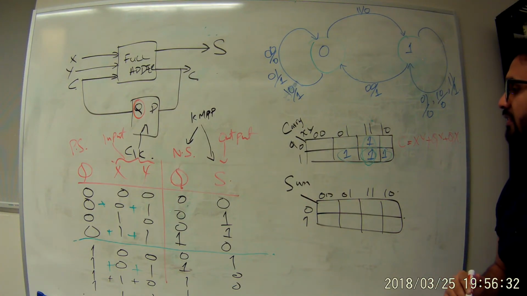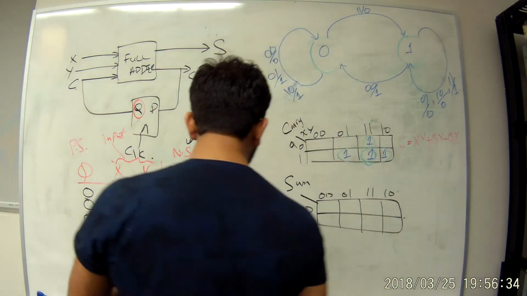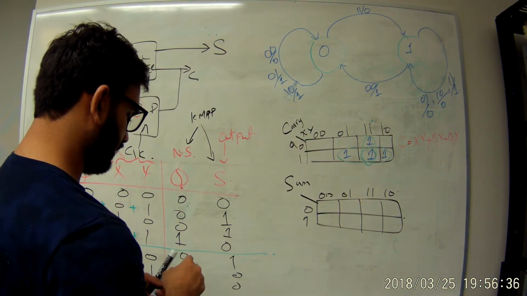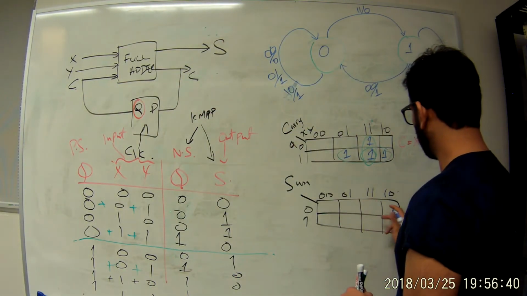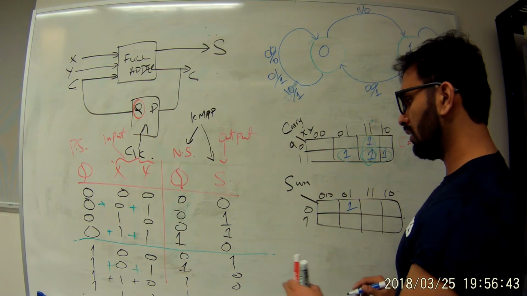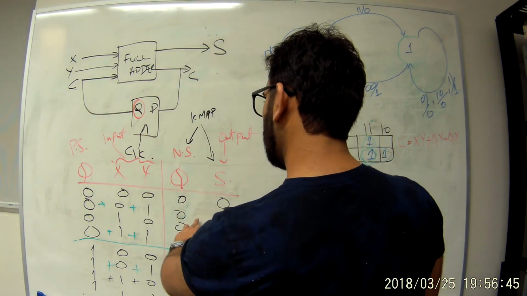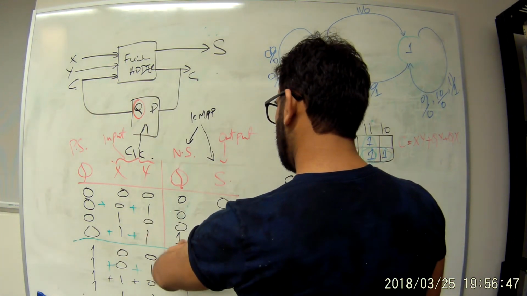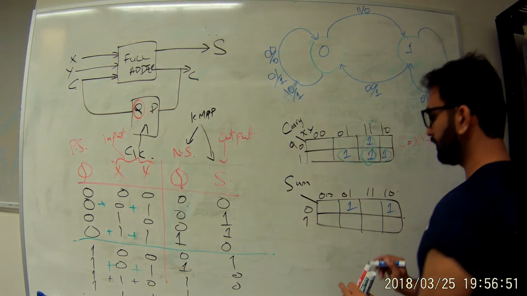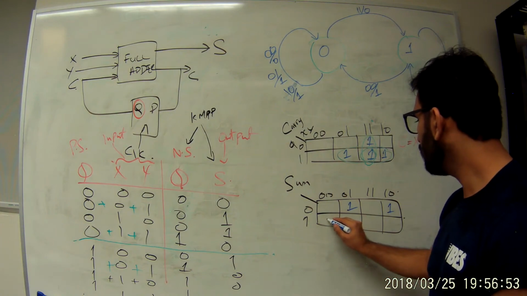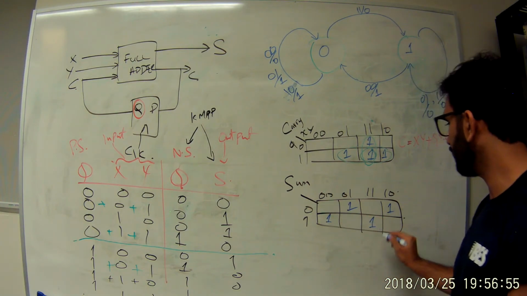And for the last case, for the sum, we're going to do the same thing. We're going to fill in the values. So sum is at 0, 0, 1, so 1 down here. And then it's at 0, 1, 0, so 1 down here. And it's 1, 0, 0 down here, and 1, 1, 1 down here.